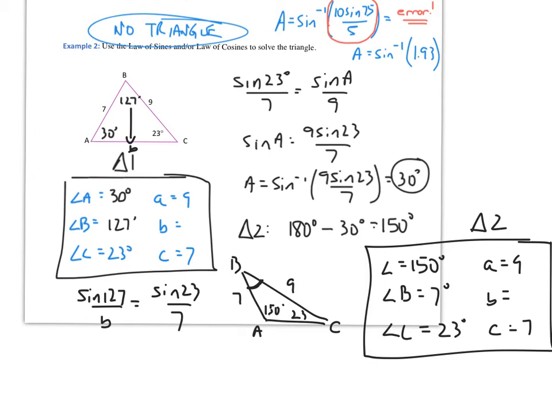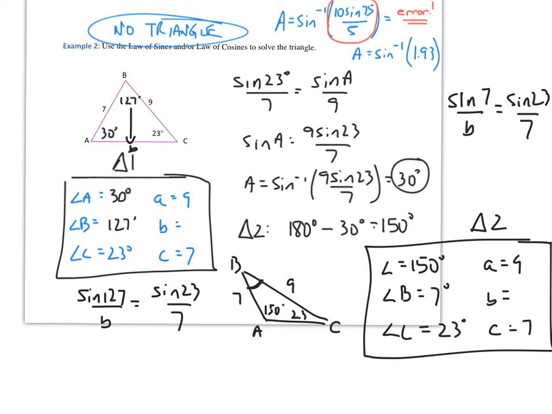Over here, I'm going to do the same thing, but this time I'm going to do sine of 7 over B is equal to sine of 23 over 7. Because my angle B is 7 degrees, I have to do sine of 7 degrees over B. In both cases, we cross multiply and solve.